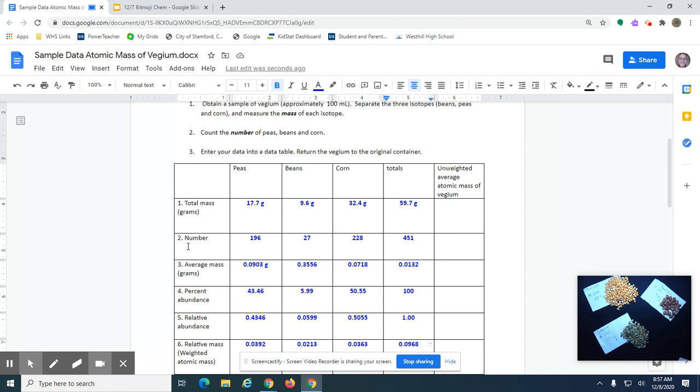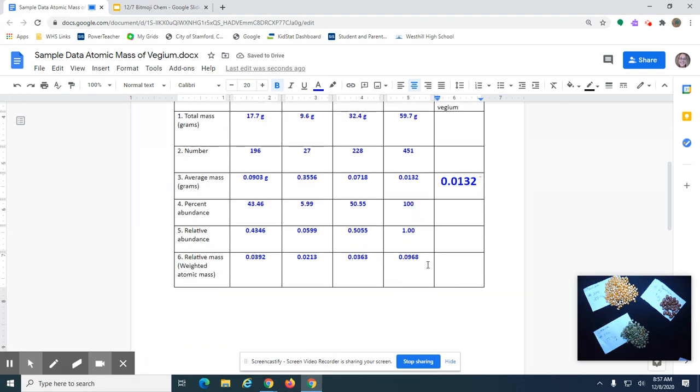The unweighted average is this value, 0.0132. And our weighted average is 0.0968. So you can see the difference here. I'm going to check my math though, because usually they're a little closer to the same.